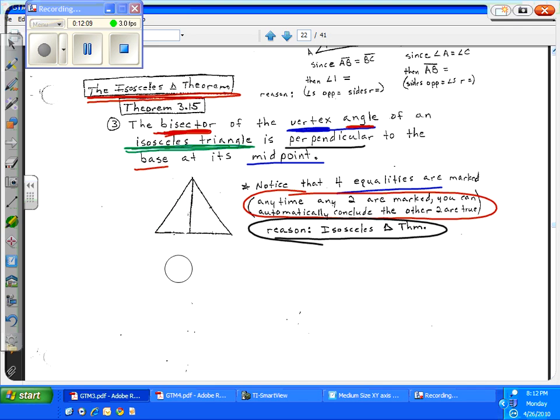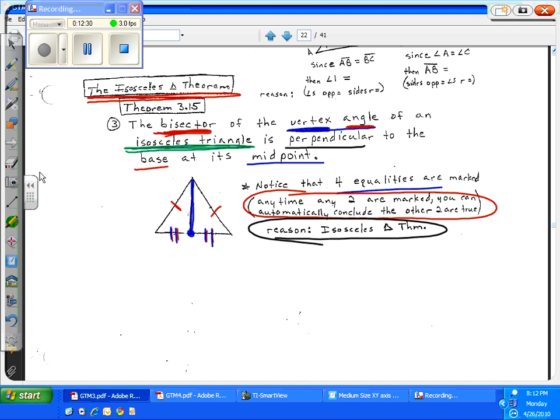Example. Let's say that you had this picture and we had this. Well, that's two out of the four things. This is an isosceles triangle, and this comes from the vertex angle. It hits the midpoint.